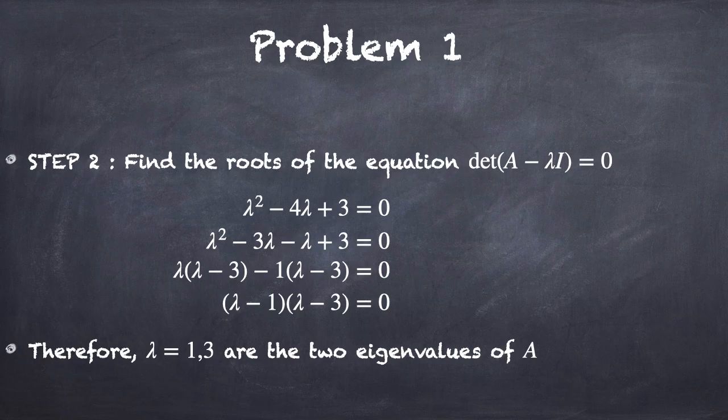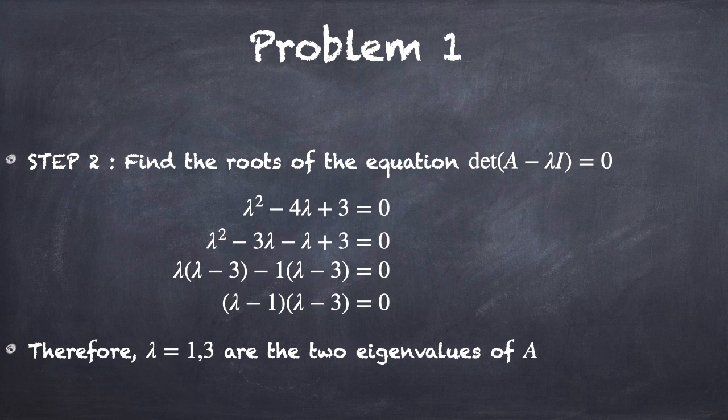Then I factor out lambda from the first two terms, so I get lambda times lambda minus 3. For the second two terms, I factor out -1, so I get lambda minus 3. Finally, I factor out lambda minus 3 from these two terms, so I'm left with lambda minus 1 times lambda minus 3.